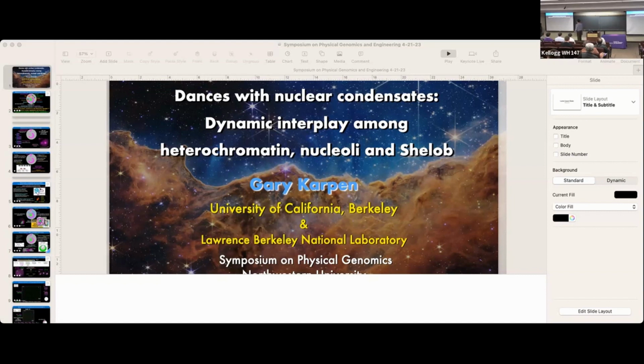And I think this is really important in the context of thinking about engineering, not just genome engineering, but how we engineer the nucleus, that we need to be thinking about something beyond how genome regulation may involve open versus closed chromatin. This is really pervasive in the field, that either you have open chromatin or closed chromatin.